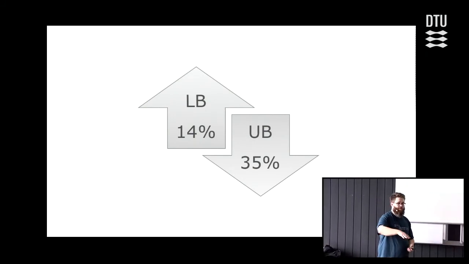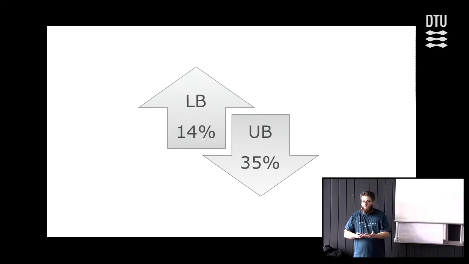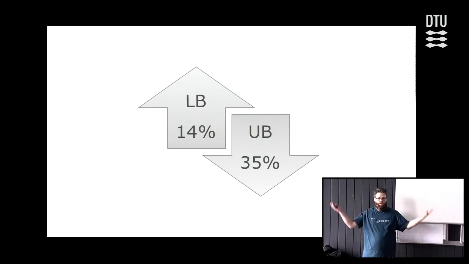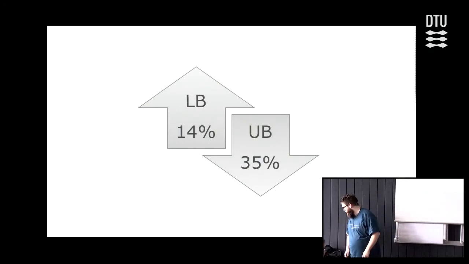We could push the lower bounds on all the instances up by approximately 40% on average, and the upper bounds we could decrease by 35%. And this shows that this method is much more scalable than solving the entire model with a MIP solver.